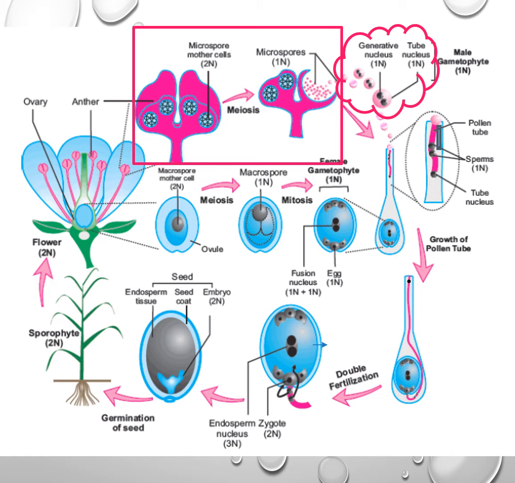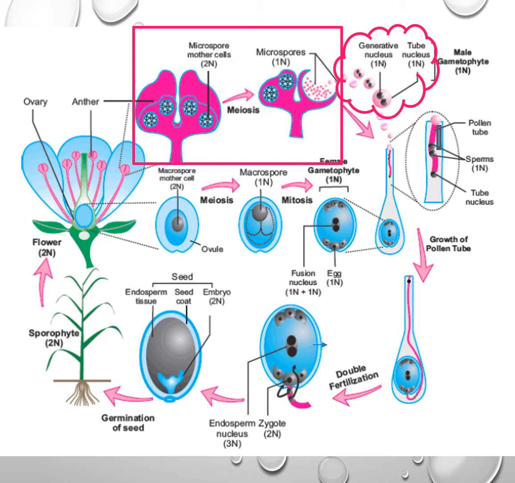The microspores thus formed contain two types of nucleuses, generative nucleus and tube nucleus. As we mentioned earlier, the microspores are haploid in nature, so both the nucleuses formed are haploid. Generative nucleus is 1N and tube nucleus is also 1N.